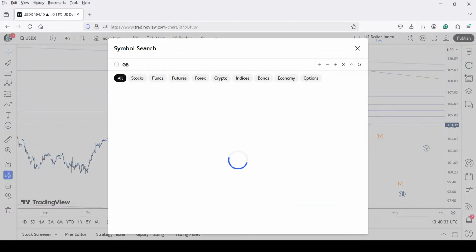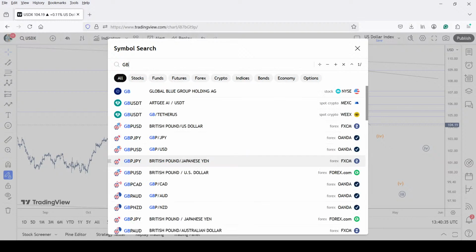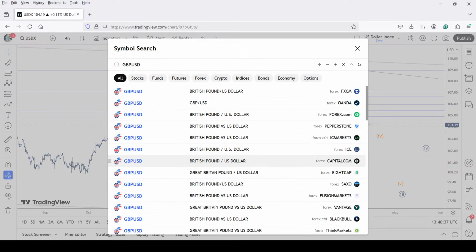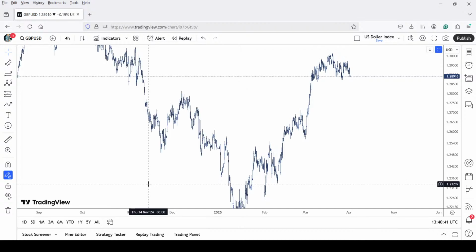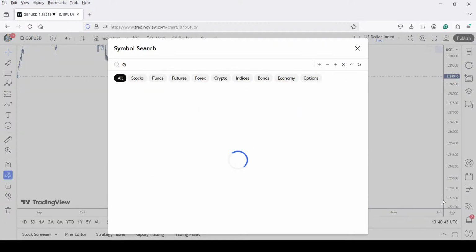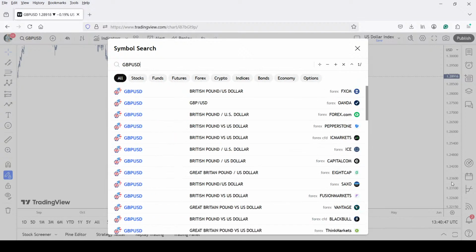All right, so that's the story in the dollar index. Let's pick up the pound, GBP USD, 4-hour time frame, and it is no different from what we were discussing in the euro.